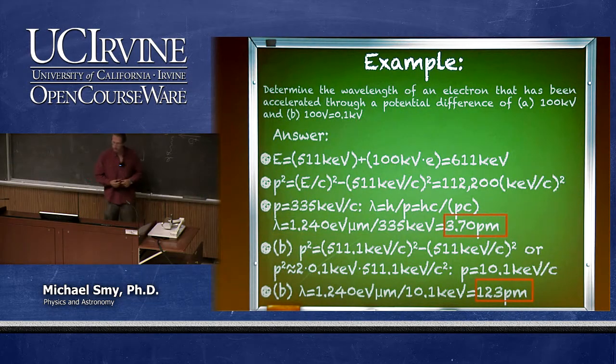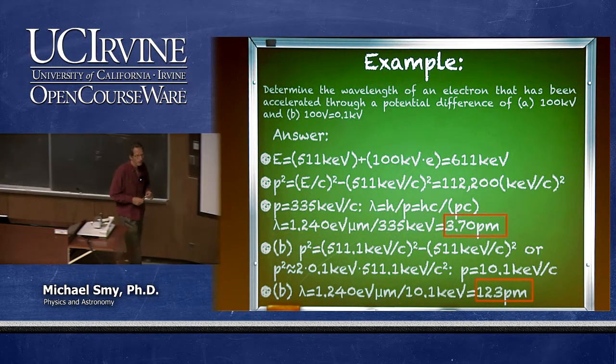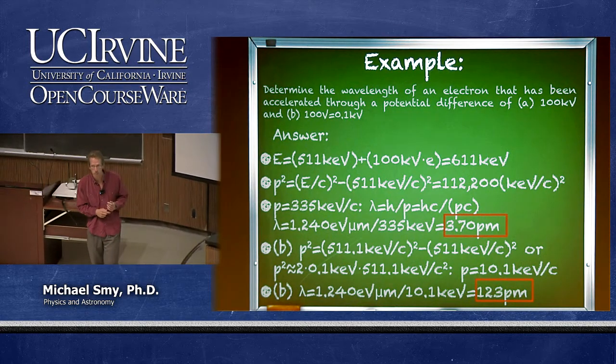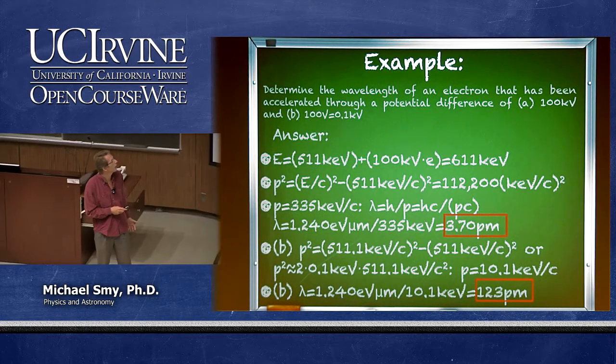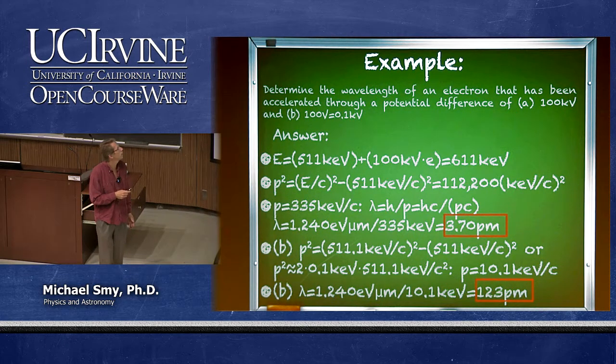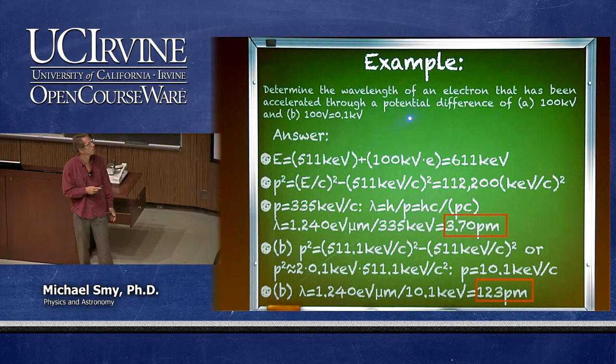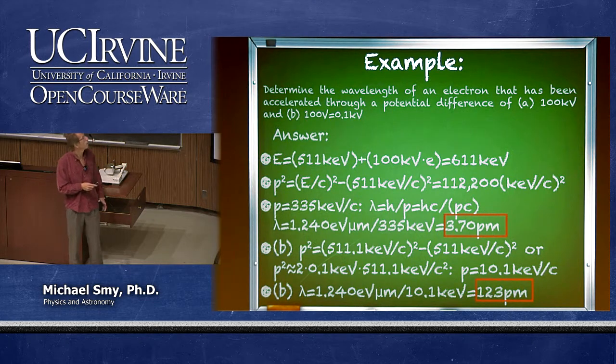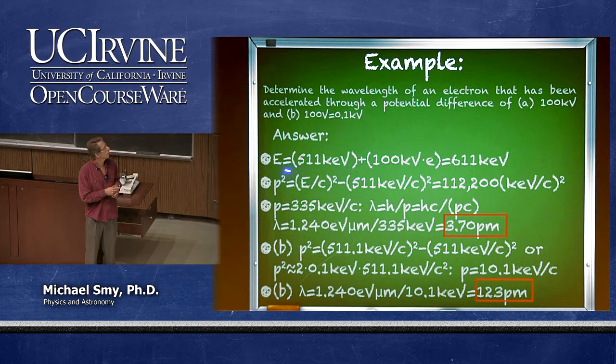On the other hand, if we look at microscopic particles, I just showed you that you can observe diffraction in electrons. Let's assume that we have electrons that have been accelerated through an electric potential difference of 100 kilovolts and calculate that wavelength. To do that, we again have to use relativistic formulas.